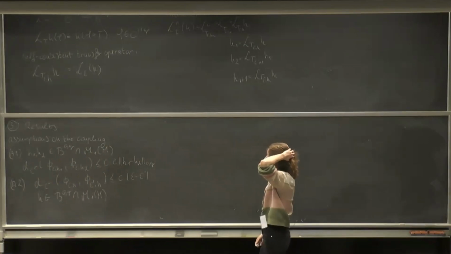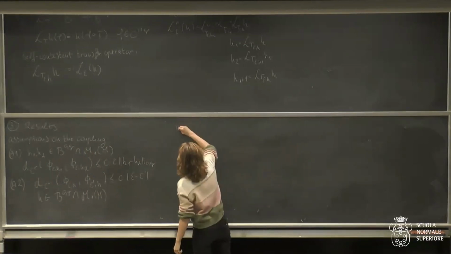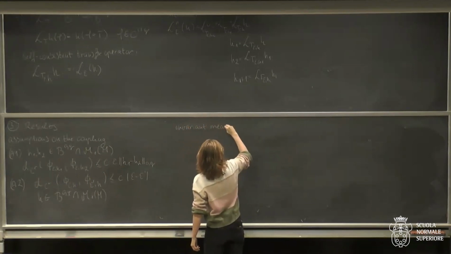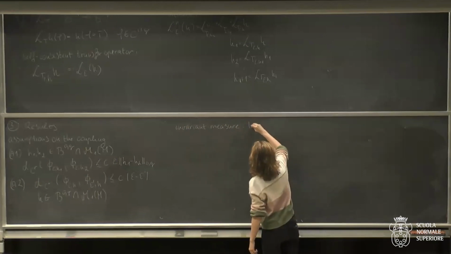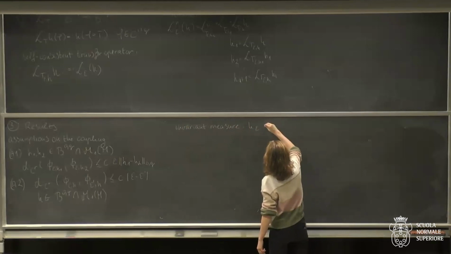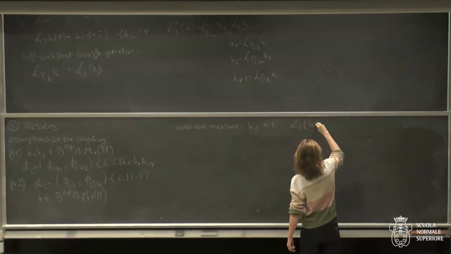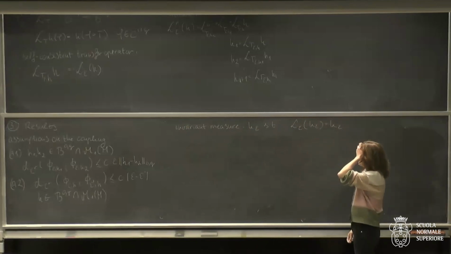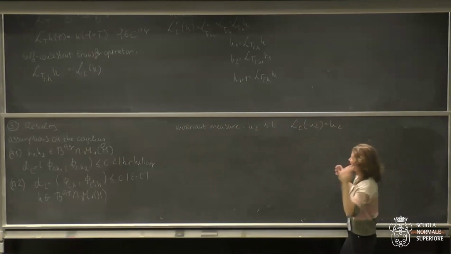And what are we looking for now? We are looking for an invariant state or invariant measure, which is a fixed point of the self-consistent transfer operator. And we are also looking for an invariant measure that's actually interesting, so a physical measure.